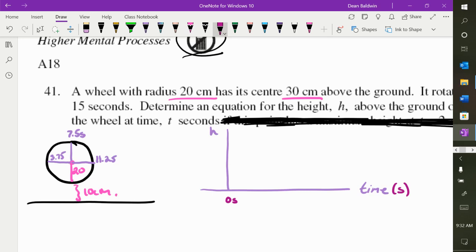If a point, let's say a fly, is sitting on the wheel right here, at 0 seconds before we start the wheel, how high is it? At 3.75 seconds, how high is it? It's 30, right? Because you're right here. So you're 30 centimeters.